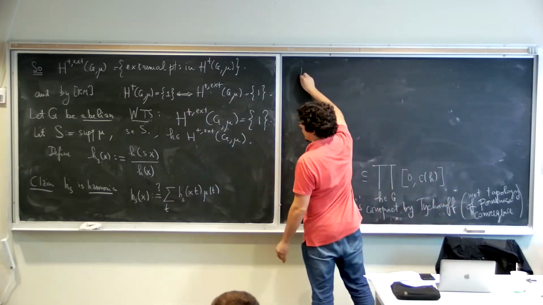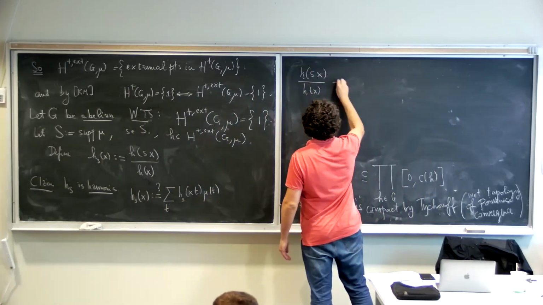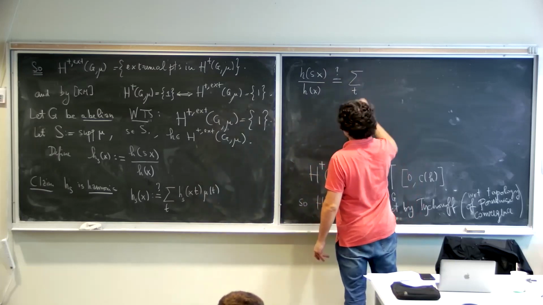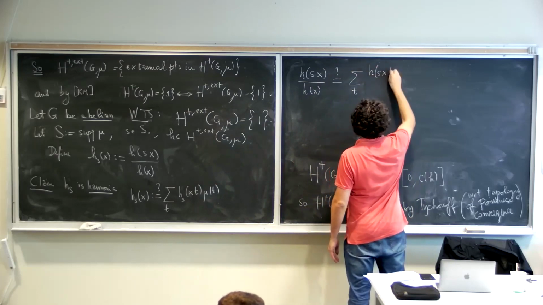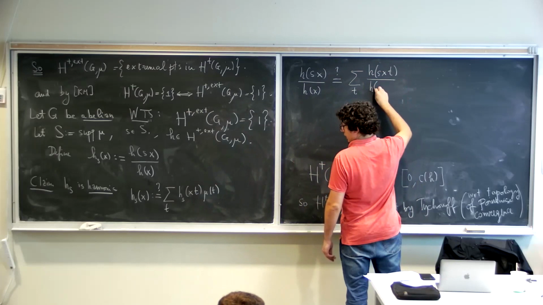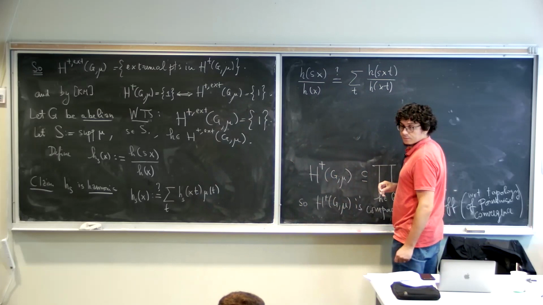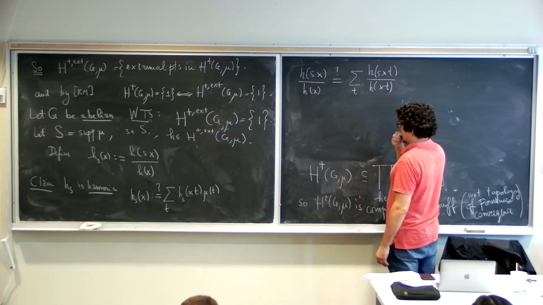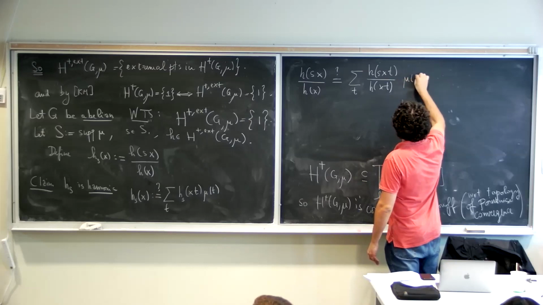H_S of x is H of Sx divided by H of x. And the question is, is it the same as H of Sxt divided by H of xt, times mu t?